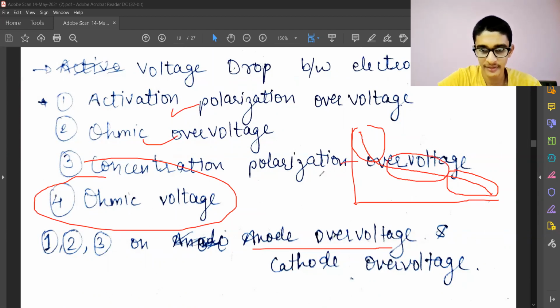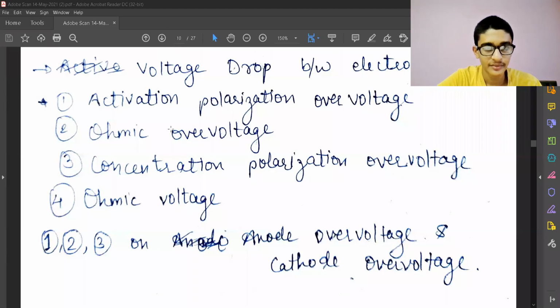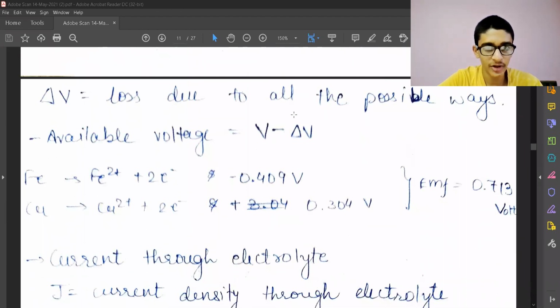So this is the voltage drop, and this is the distance. So this part is the anode side overvoltage drop, and this can be the cathode side overvoltage. So those are the major drops which we are experiencing. So delta V is the loss due to all possible ways, that is the loss in the voltage.